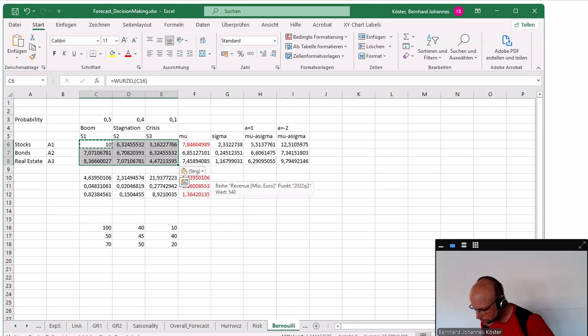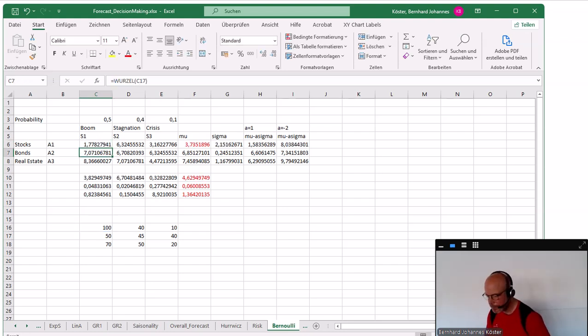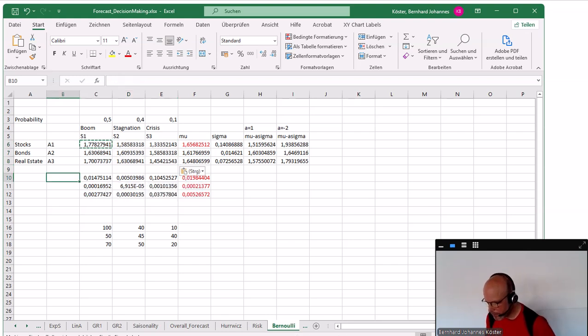Doesn't work. Then I think the 100 is too large. Then let's use 1/8. Still not working.